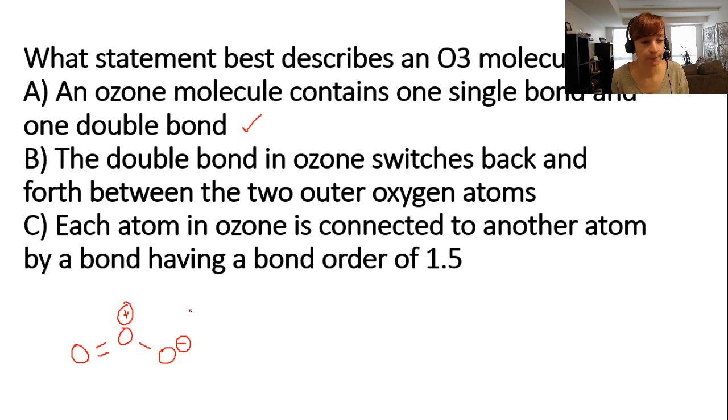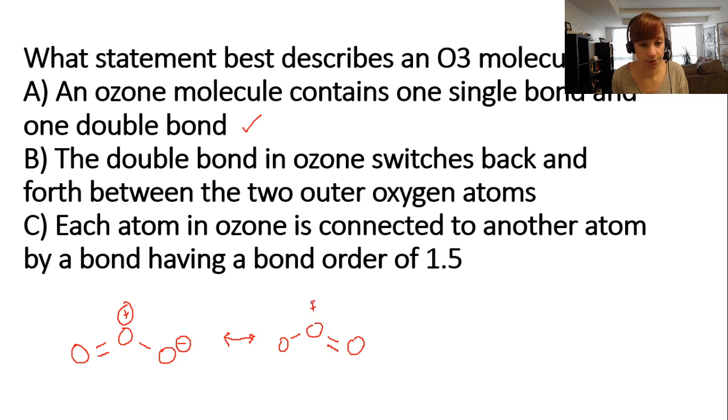As well, because our structure is relatively symmetrical, that double bond can move around and distribute itself. So it can move to this oxygen-oxygen bond.